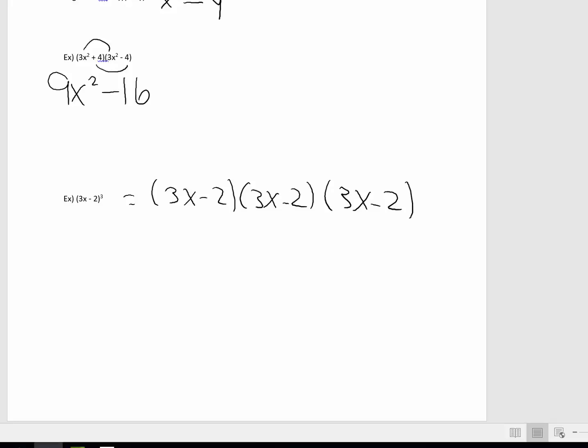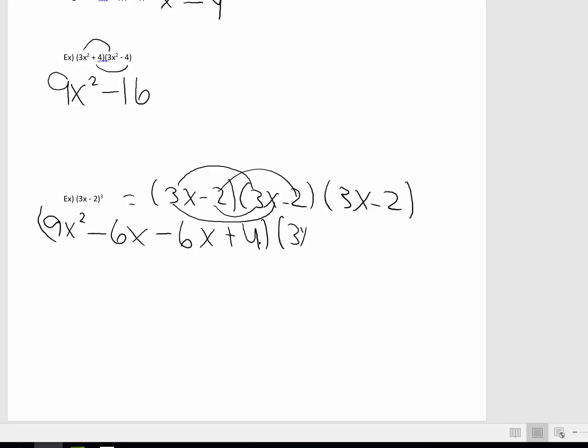So it's a binomial times a binomial. So I'll FOIL. Now, we still need to multiply by the third 3x minus 2, so I'm just going to bring it down. I'll combine like terms, make it a little bit easier on ourselves here.